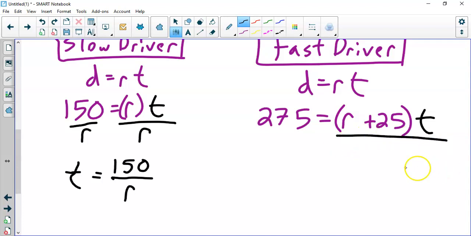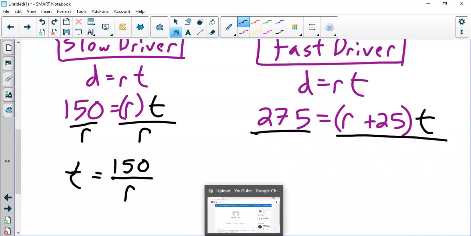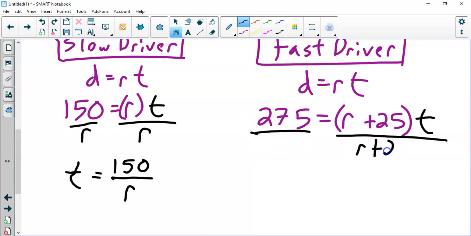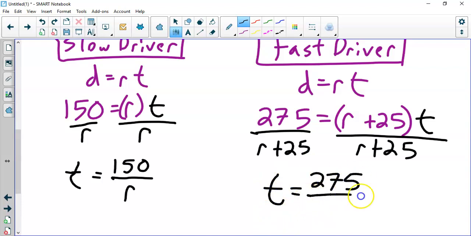Divide. Yeah, don't change your process. Divide. What are we going to divide by? R plus 25. Now you know the time for the fast driver. 275 divided by R plus 25.